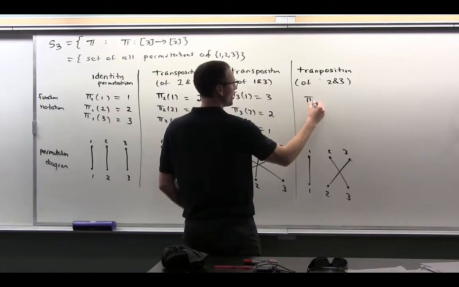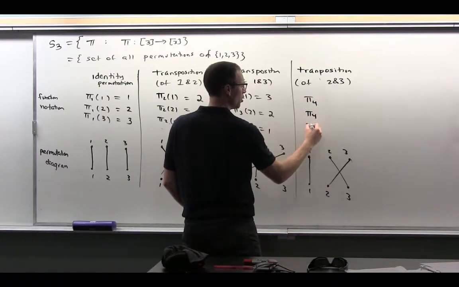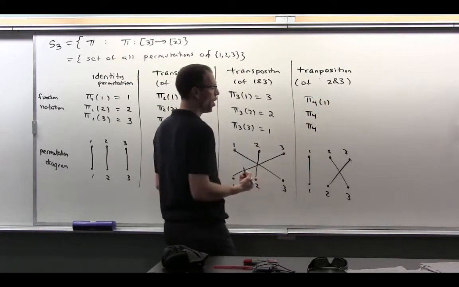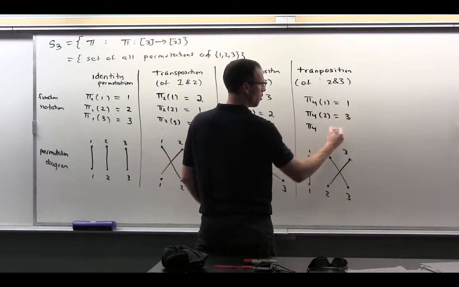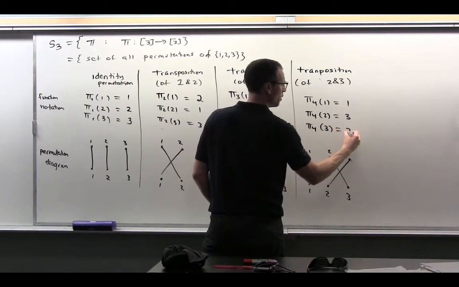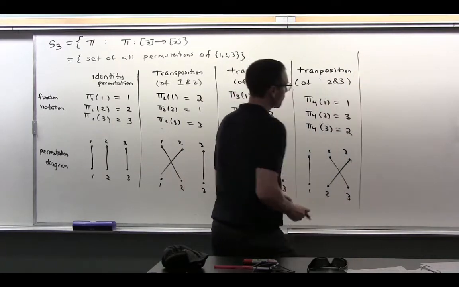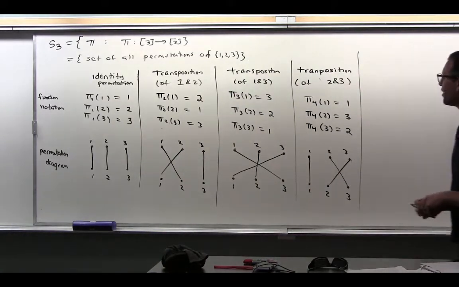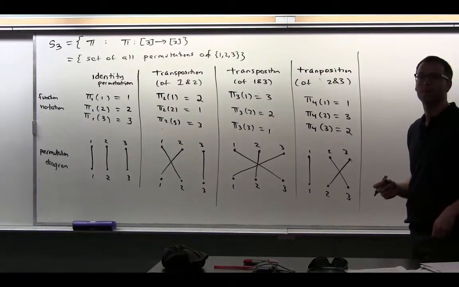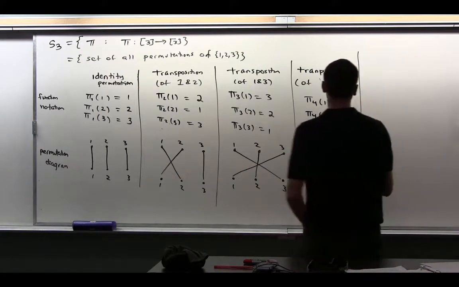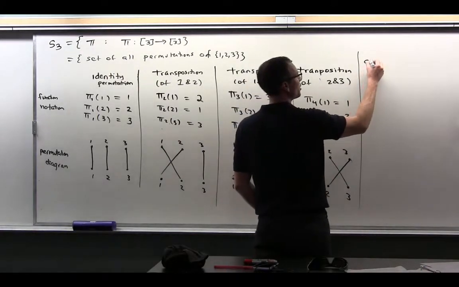So what's that particular permutation look like? What does it do to the number 1? Nothing. What does it do to the number 2? 3. What does it do to the number 3? 2. Okay. What's undone here? Which permutations have we not finished yet? Those are called cycles.